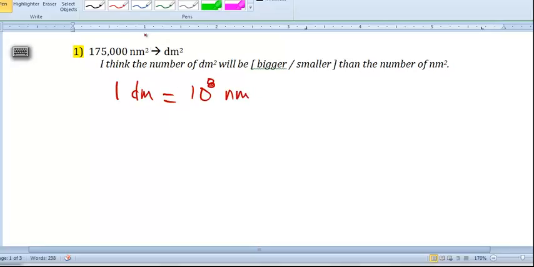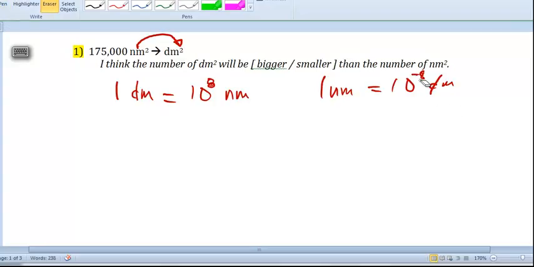Now, notice in the problem we're going from nanometers to decimeters, and so you might be thinking, wait a minute, how come I don't start with nanometers and go this way? Why can't I do that? And the answer is you could, if you put a minus sign here, then it would be okay.